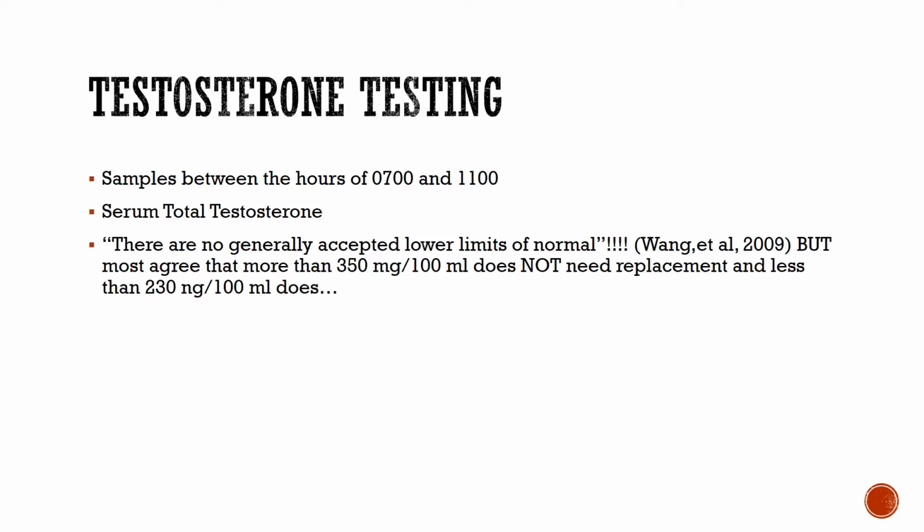Some clinicians, if someone starts out at 275, figure, well, they need to have a greater increase to see the effect, so they shoot for, say, 600, just because the normal goes up to 900 or so. Most people try to get them above 400. As long as they're above 400, you're probably going to see the benefit, but again, pretty controversial.